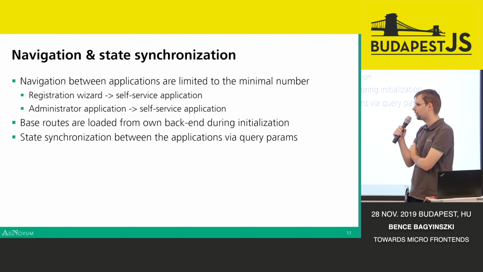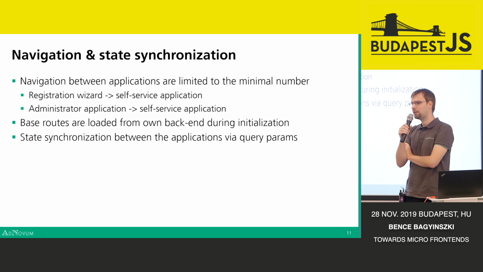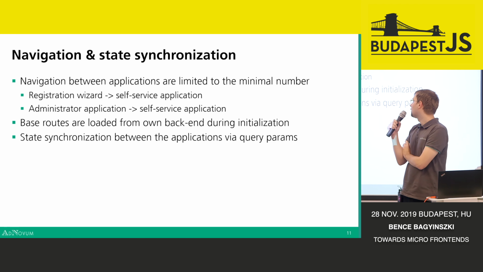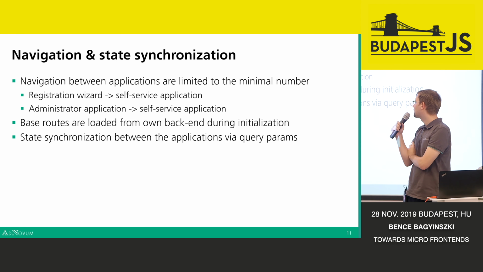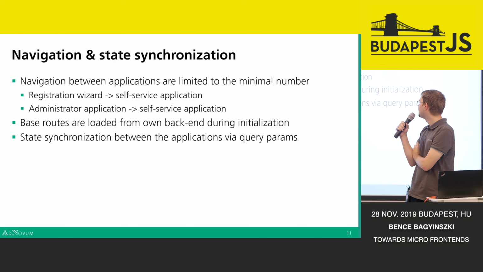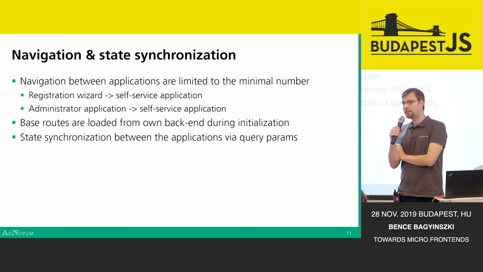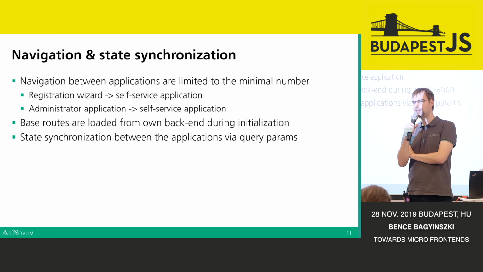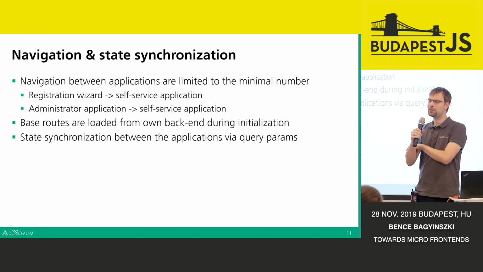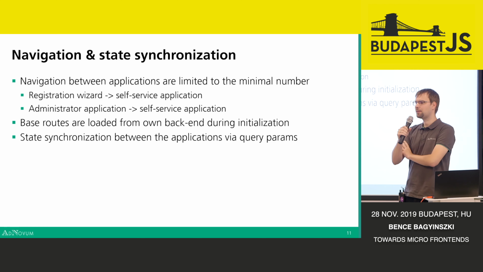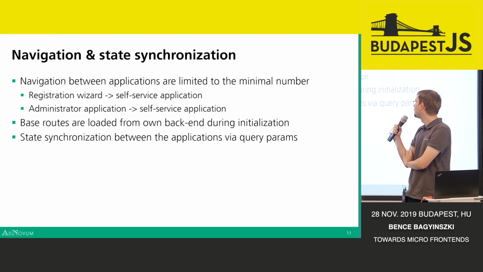After the base route, the exact navigation will happen with the help of some state synchronization between the applications. That was necessary because based on these states, different endpoints were used for the navigation.